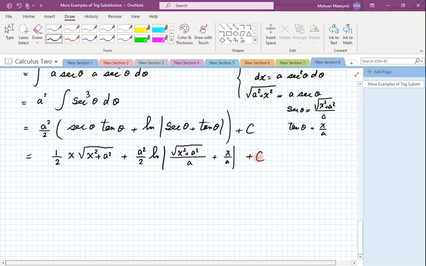Since it's a constant, we can merge it with this constant, and as a result I'll have 1/2 of x radical x squared plus a squared, and then a squared over 2 of logarithm of, customary to write the small items first, x, the same as above, radical x squared plus a squared, and then some constant, you either rename it or just call it k. So that becomes the third formula.